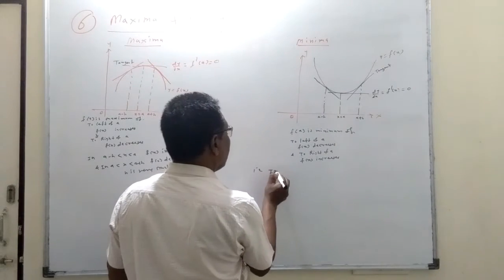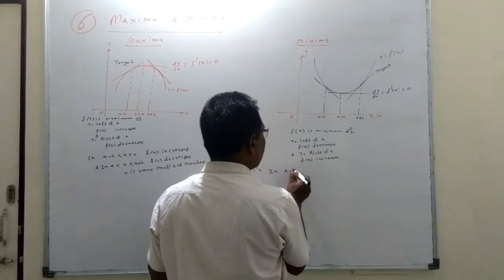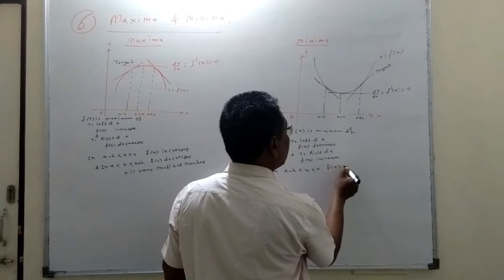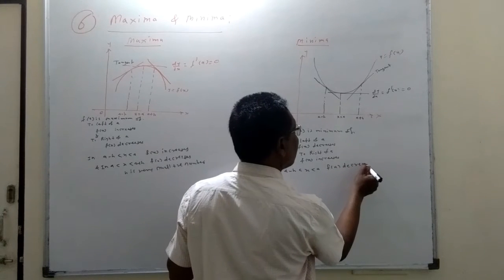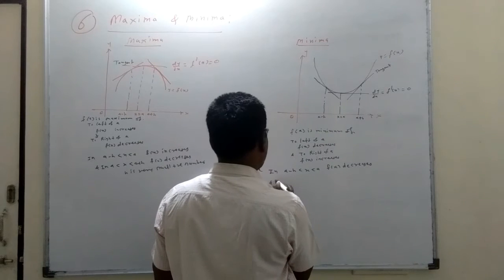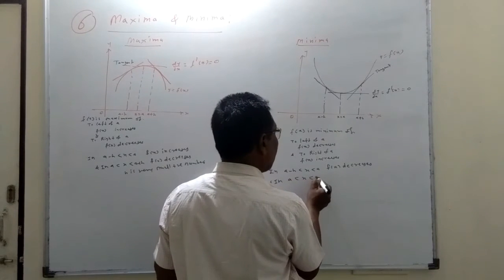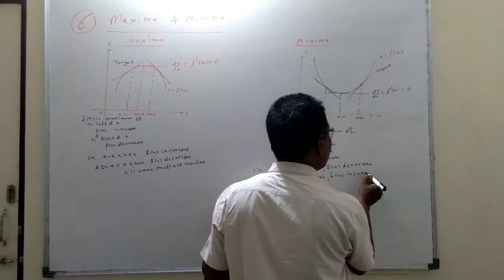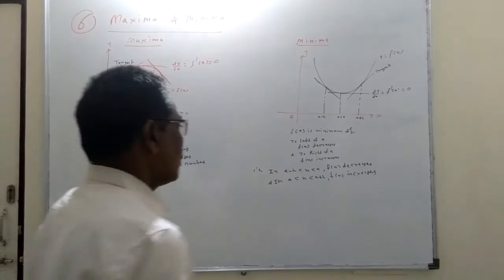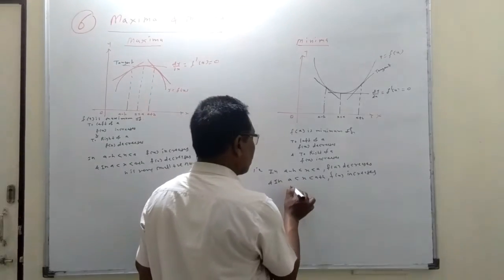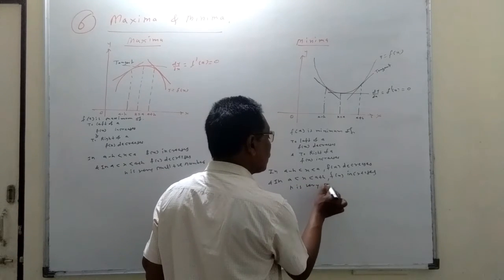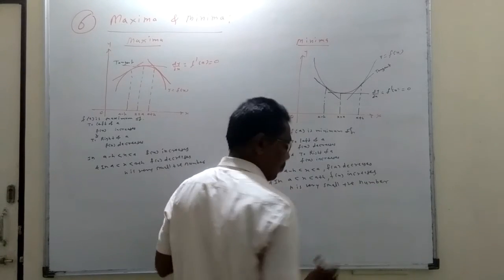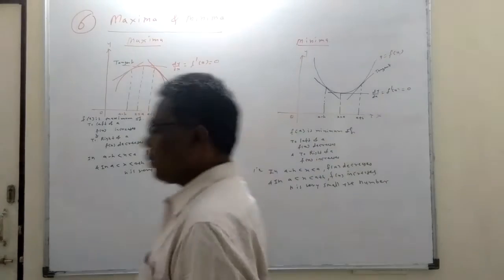That is, in the interval a minus h less than x less than a, f of x decreases, and in the interval a less than x less than a plus h, f of x increases. Here also h is a very small positive number.